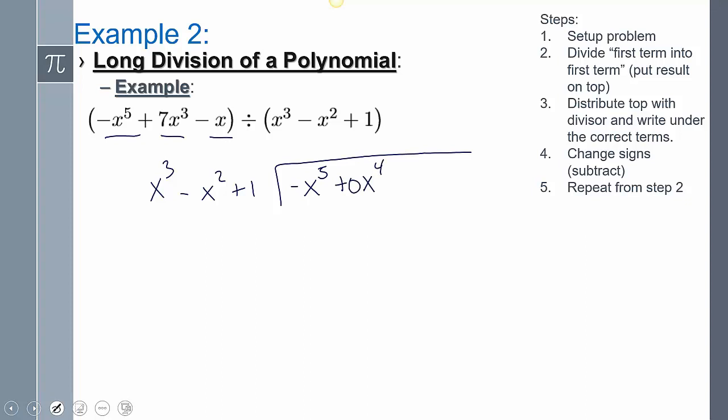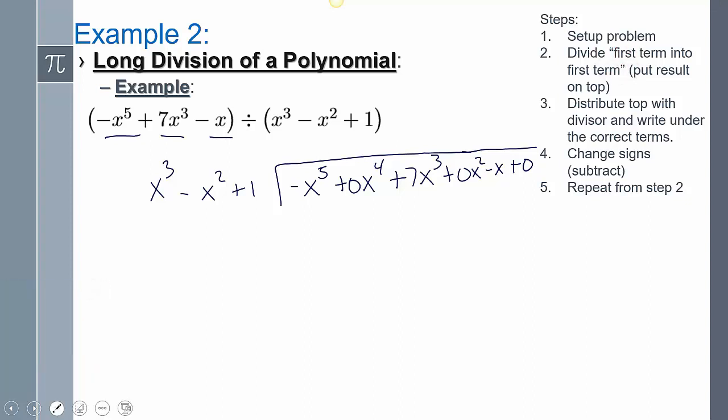And you're going to see this being very prominent. You have to put in placeholders if there are gaps or missing spaces. I don't have an x squared either. And then I don't have a constant, so I'm going to put a 0 there. So you just do that, and you're going to see why in a second. Sometimes things don't line up correctly, and you want to make sure that they line up.